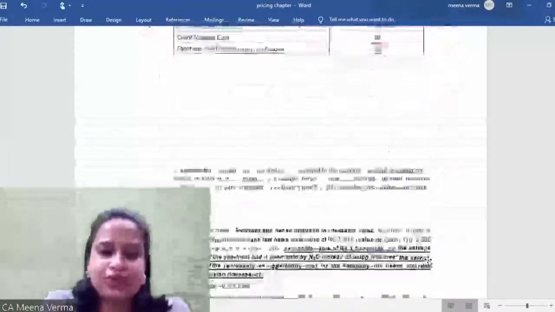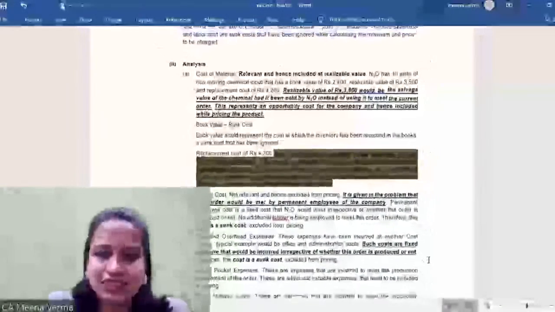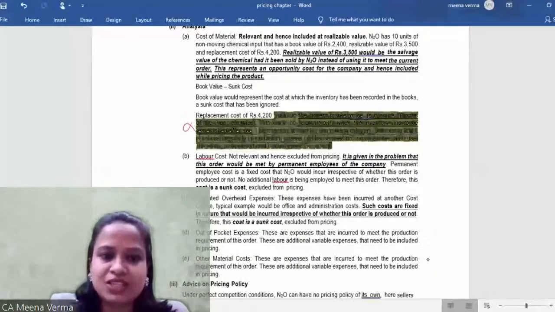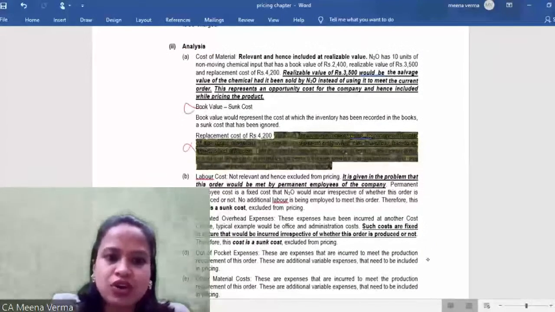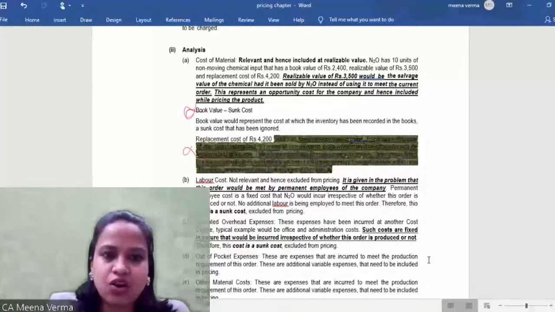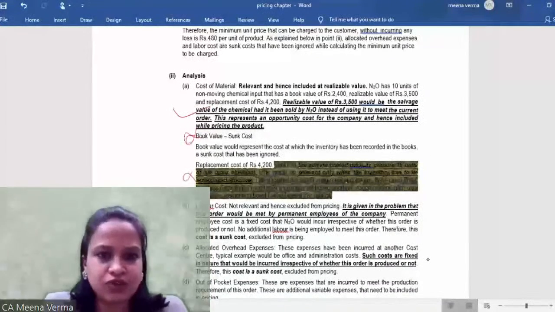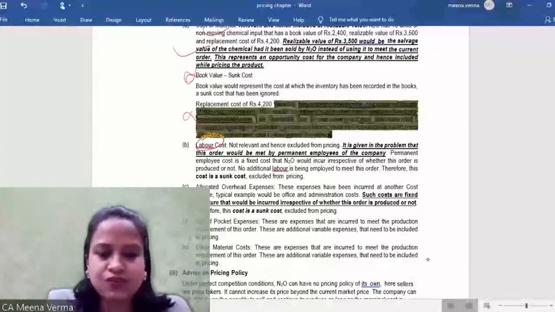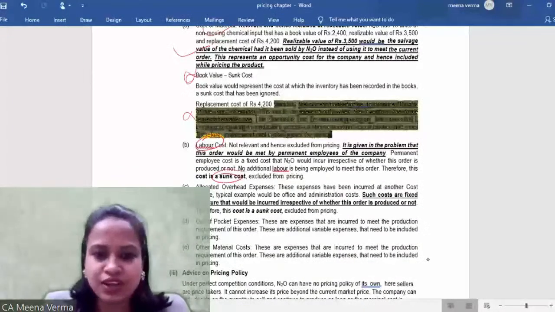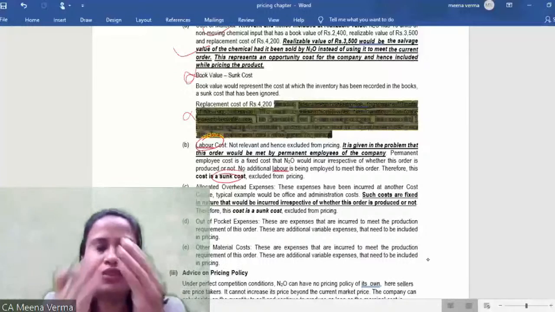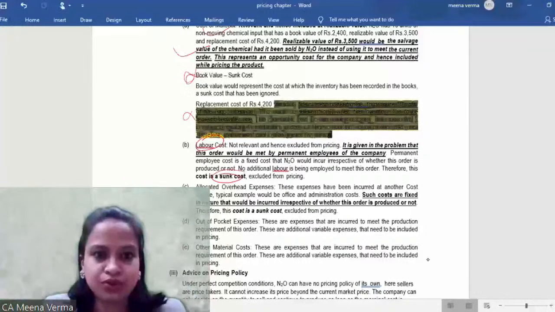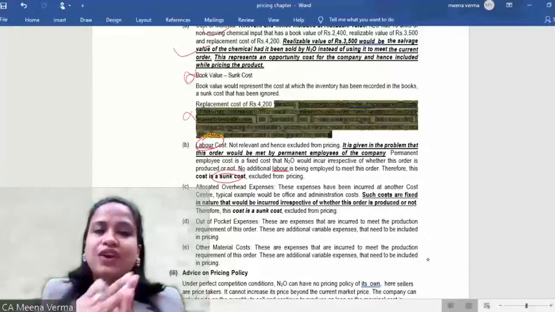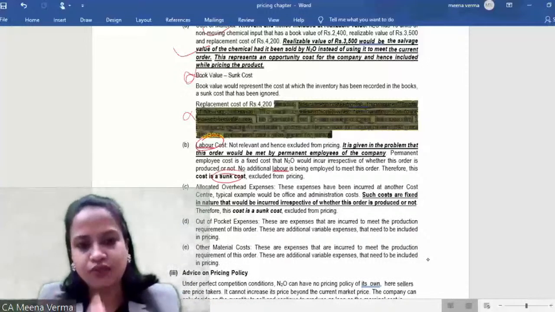So in this case, if you go to the solution, you can see the reason why they have not considered the replacement cost. Why they have not considered the book value? Because it is a sunk cost. They have considered the realizable value for the material cost. They have not considered the labor cost. Because it is not relevant for decision. Why? Because they are using the permanent labor for producing the goods. So labor is permanent in nature, meaning whether you produce these goods or not, you have to incur this cost.